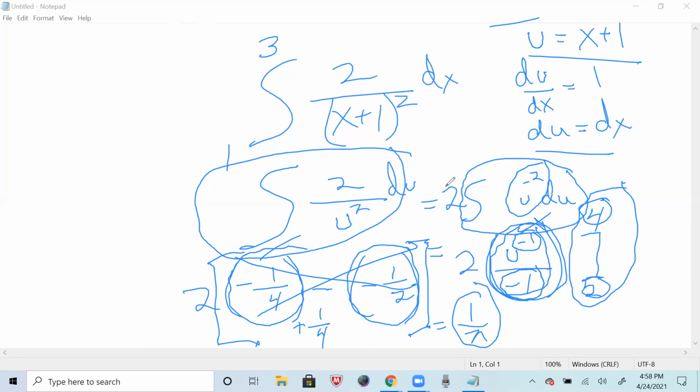And I don't need to really take that 2 out, I just did it for clarification. I could have left it in there and done the whole process, multiplying both of them by 2. I think for understanding it, it's a little bit simpler if I do pull the 2 out.